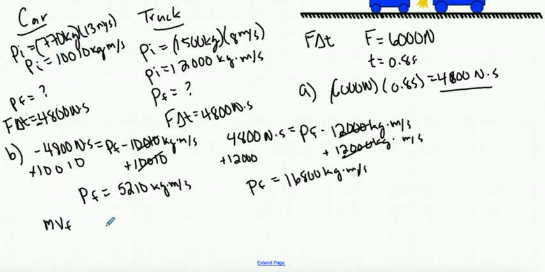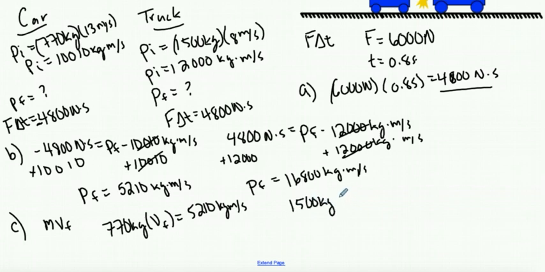So we would have a 770 kilogram times final velocity equal to 5,210 kilograms meters per second. Okay, so let's set this next one up. So we have a 1,500 kilogram truck times this final velocity is equal to 16,800 kilograms times meters per second.